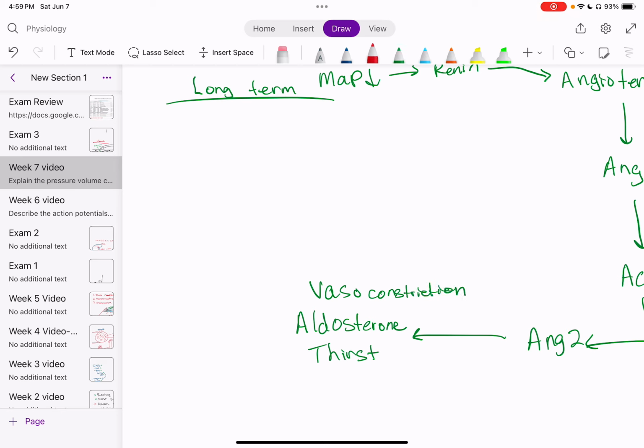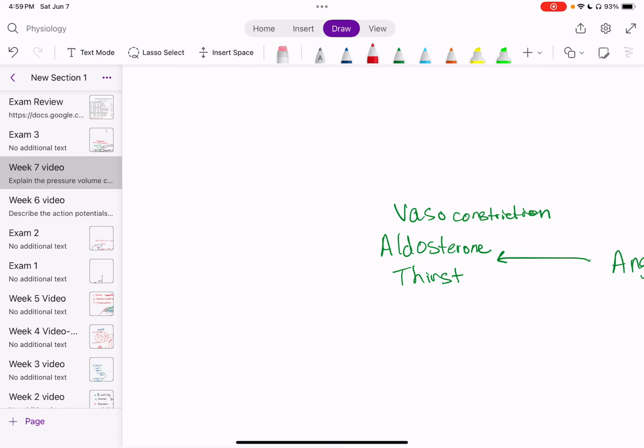Which, if we look at this from a holistic perspective, thirst will increase our blood volume. Vasoconstriction will increase our blood pressure, and aldosterone as well helps with water reabsorption, so increases the blood volume.